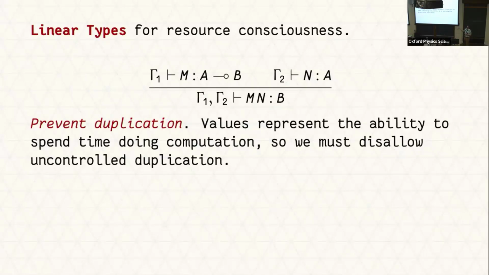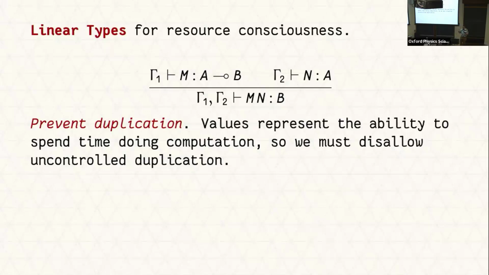We've got an argument for it, n, which is of type A, that uses the resources in gamma 2, and then the combined resources are kept separate. There's no way of sharing resources between the function and its argument. And this makes sure that, reading upwards, we can't duplicate things.